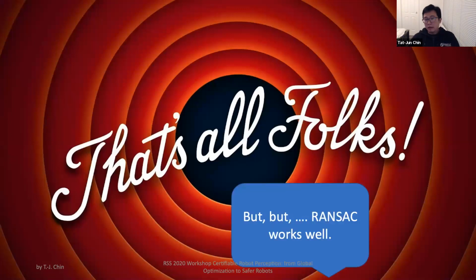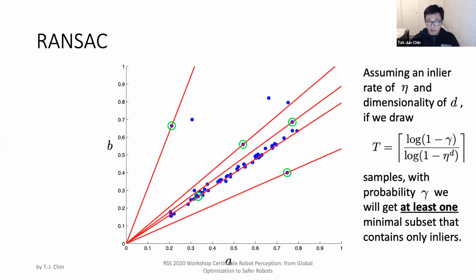Some of you would say, but RANSAC works well. What are you talking about? Yes, RANSAC works well, usually. What is RANSAC? Let's recap a bit. In the running problem here, a minimal subset in RANSAC, as we all know, RANSAC samples a minimal subset. A minimal subset would contain actually just 1 point, because all our lines must pass through the origin.